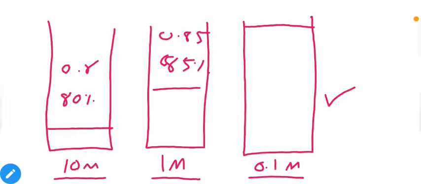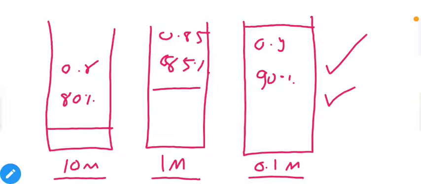And in 0.1 molar, let us say 90% dissociation occurs. That means out of 1 mole, 0.9 moles will produce ions. So the number of ions will be maximum in dilute solution, because all of them contain the same amount of electrolyte. So this is the first reason.